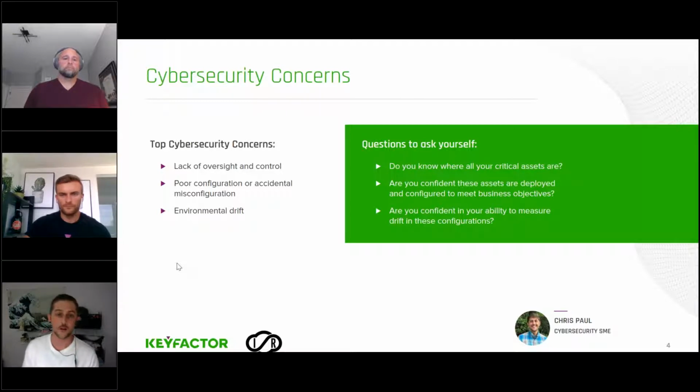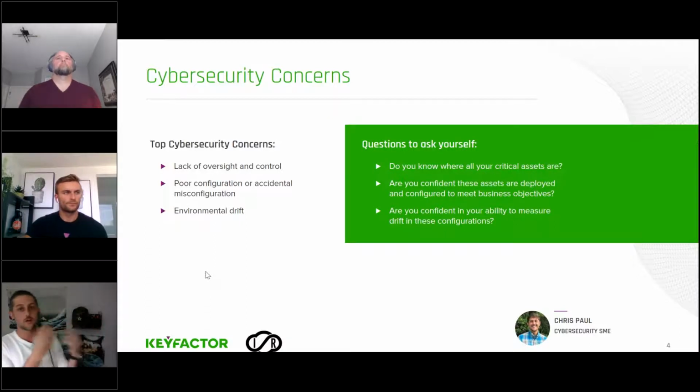Now, this can be security products as well, for the security people here. All the tools that you're using to monitor your security posture, are they configured and are they reporting efficiently? Are your logs being dropped somewhere and you're not getting information from an endpoint? That goes to the third question: are you confident in your ability to measure drift in these configurations?